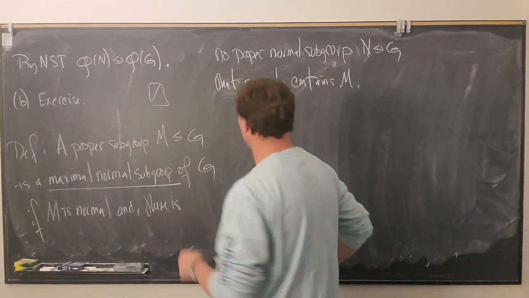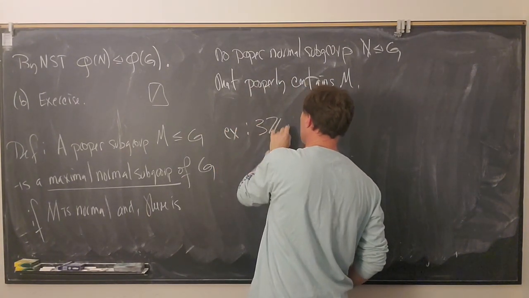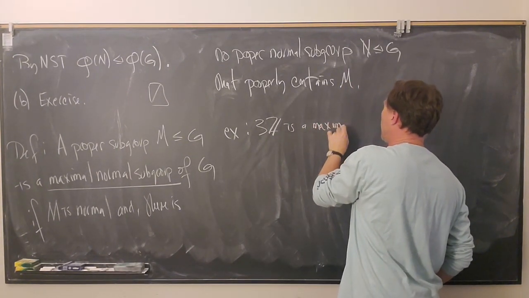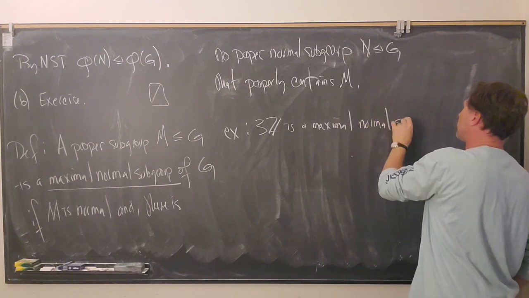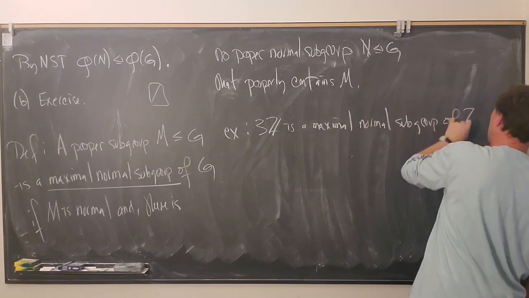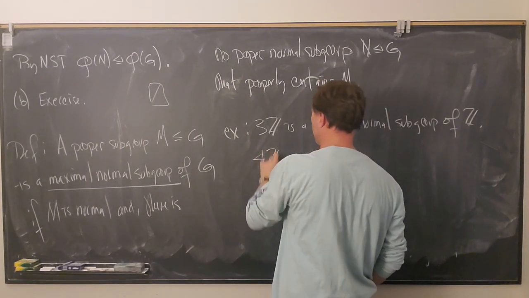So for example, 3Z is a maximal normal subgroup of Z, but 4Z is not.